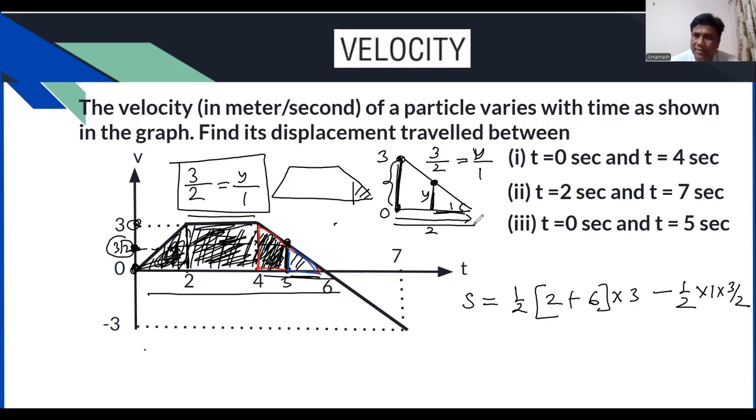This is base. Big perpendicular, big base. Small perpendicular, small base. These are some properties of similar triangles, na? If they are similar, we can do like that, okay? Corresponding sides. 3 by y must be equal to 2 by 1. So it means y equal to 3 by 2 only.